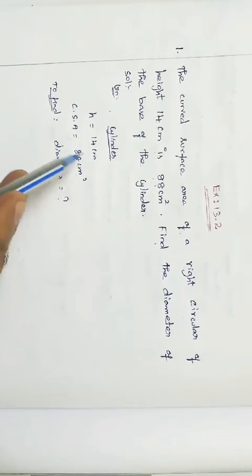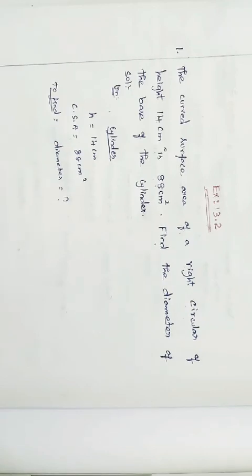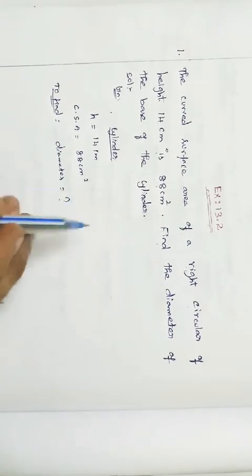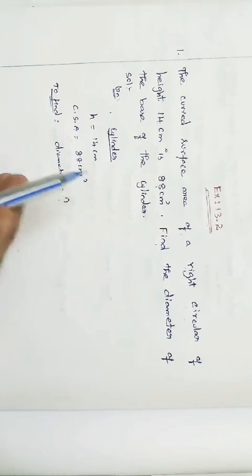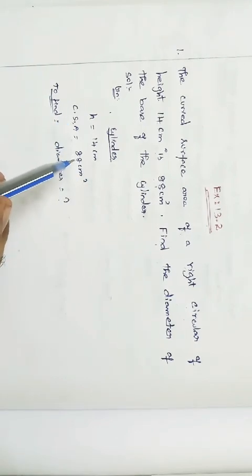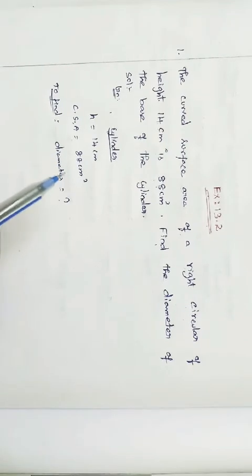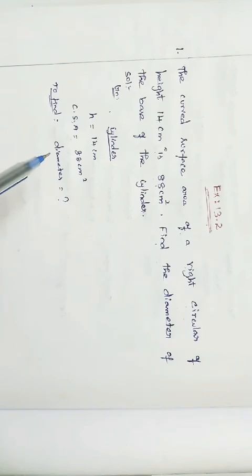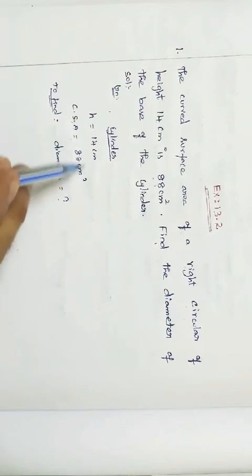If we know the value of the radius and height, directly we can substitute and simplify and we will find the answer. But in the question itself, they are giving the value of CSA or TSA or volume or whatever it may be. If they are giving the value of the particular thing, then we have to equate this value with the constant formula.